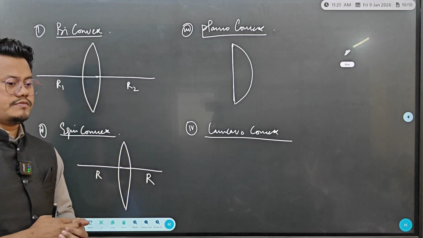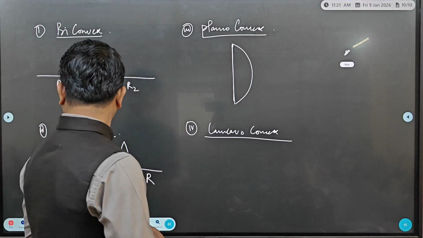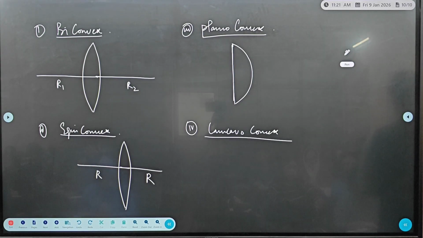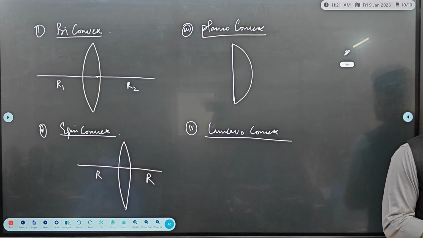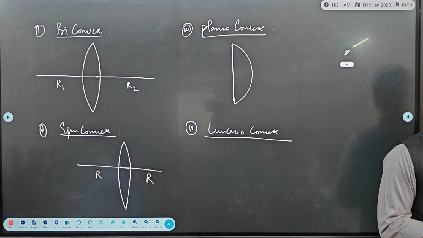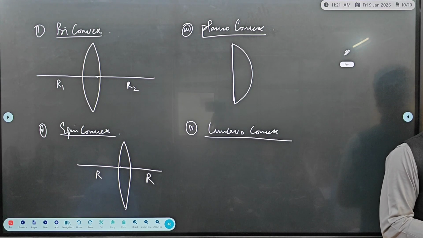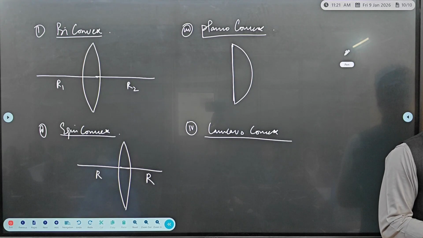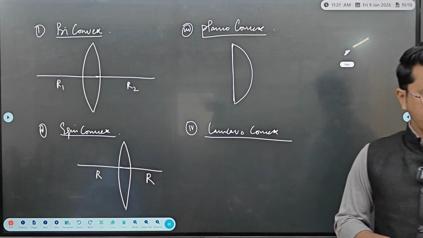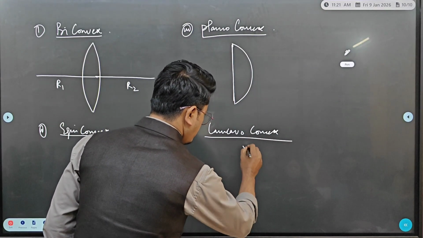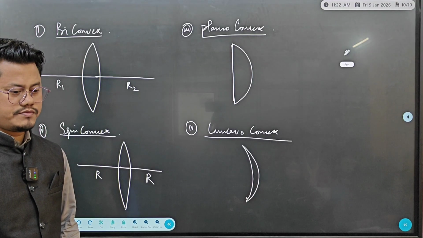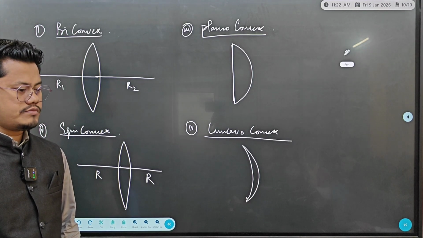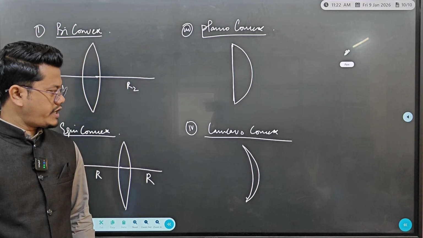Concavo-convex will be like this, in the shape of a crescent. Concavo-convex.